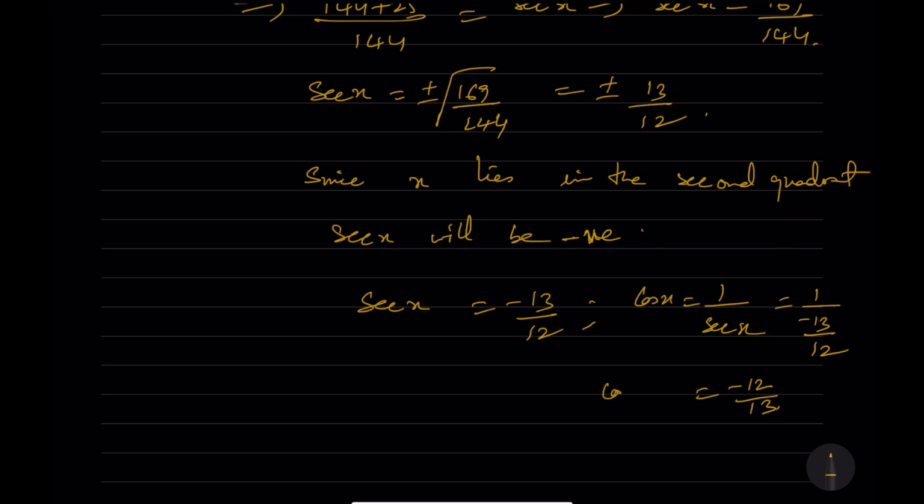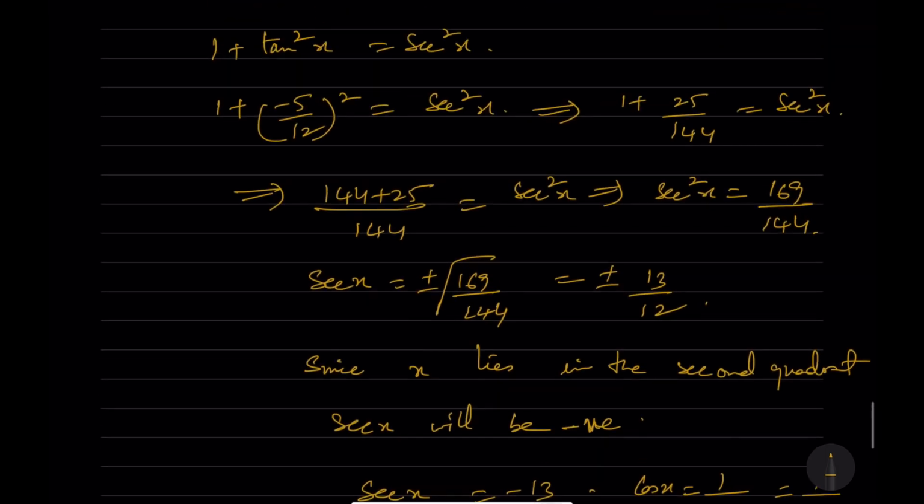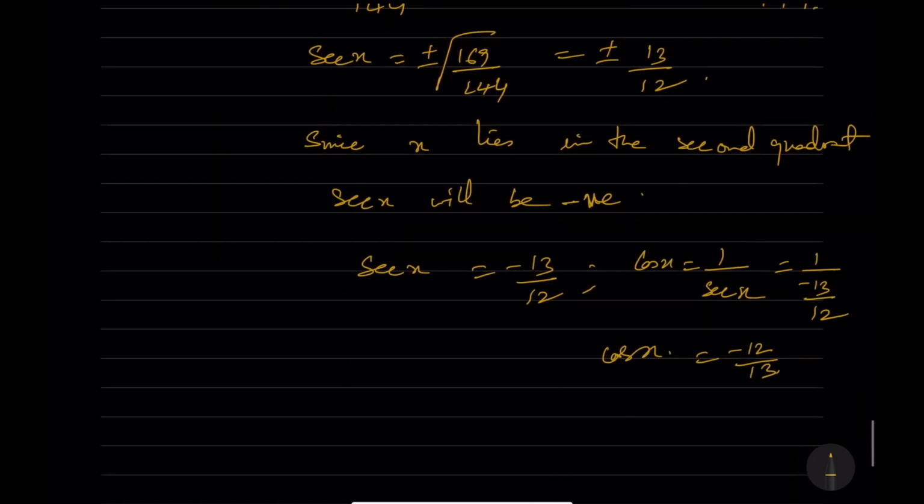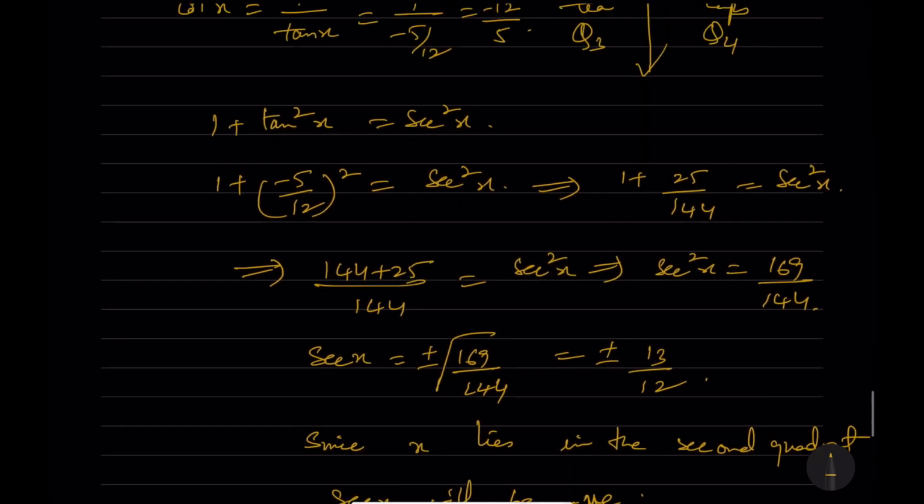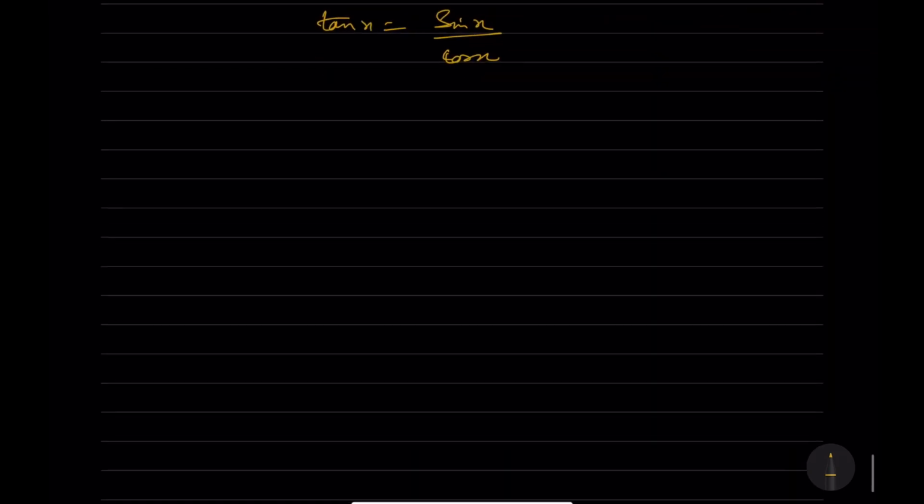This is cos x. Next we have to find out what is sine. In order to find sine, you know that tan x is equal to sin x by cos x. Tan x is given as minus 5 by 12.